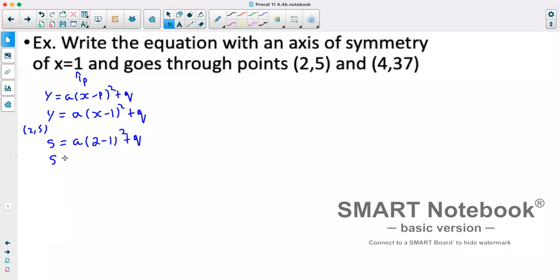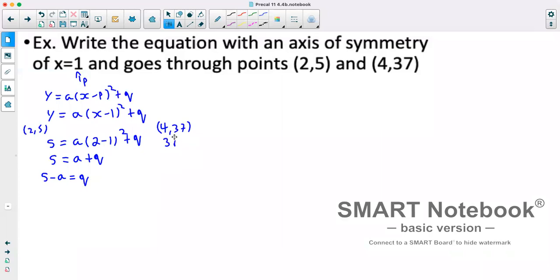So this gives us 5 is equal to, 2 minus 1 is 1, 1 squared is 1, so 5 is equal to a plus q. I'll move the a to the other side. So I've got 5 minus a equals q. Now I'll do the same thing using the point (4, 37), and I'll rearrange to get q on its own.